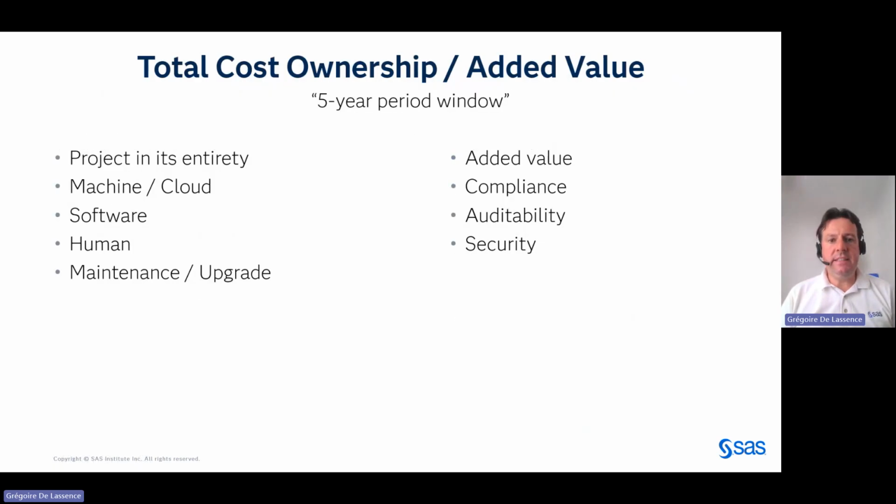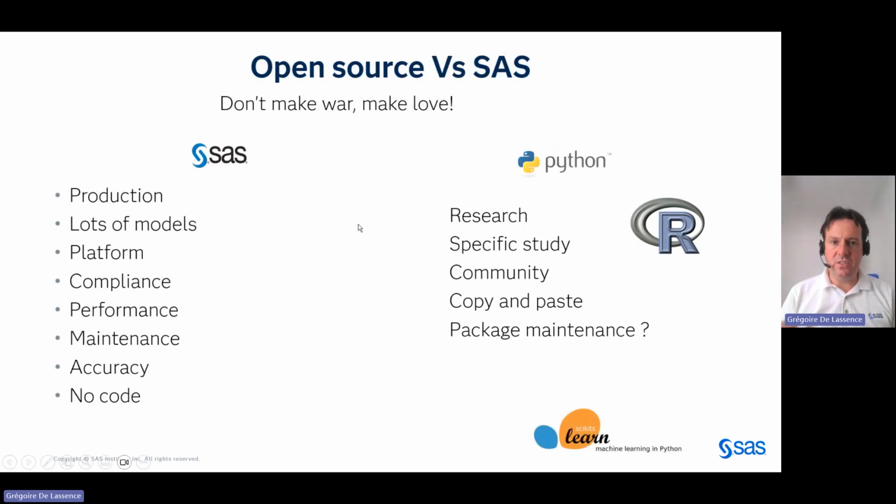That's why it's really two different philosophies, open source or SAS. And if you have a look at job offers, most of the job offers in data science or statistics are with open source, it's true. But for big projects in production, when you need to comply with different rules, when you've got performance issues, when you need to maintain over years with real accuracy, SAS can be the good platform.